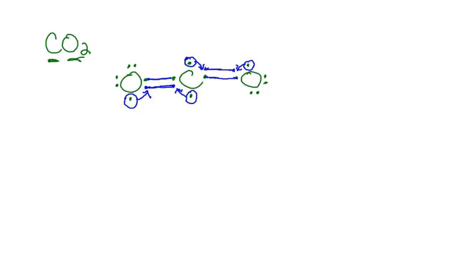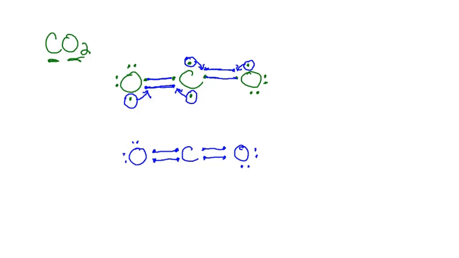So let's redraw this so it's not so messy. We got oxygen, and we have carbon and the other oxygen over here. Now let's do the circle test.